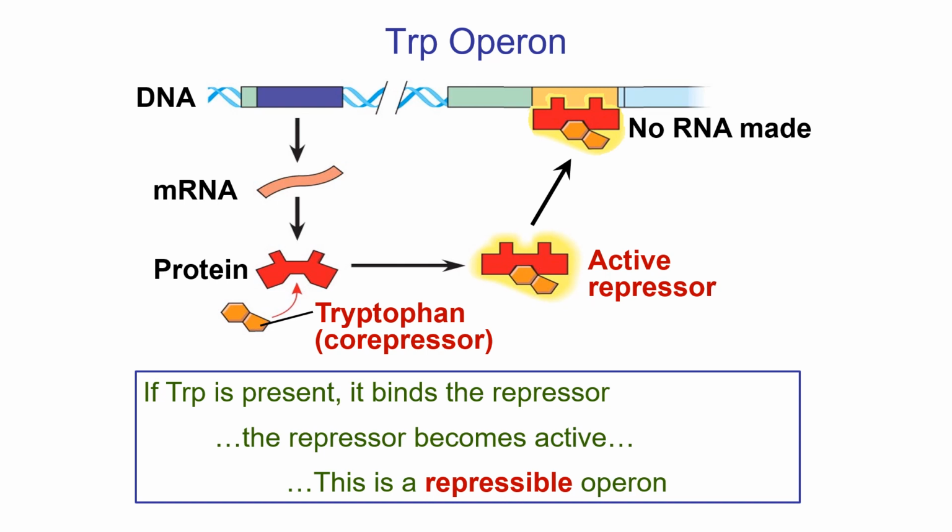The reason for that is that RNA polymerase is physically blocked. RNA polymerase cannot move to the right in this diagram because it's physically blocked by the binding of that repressor. So we have successfully shut down this whole pathway right at the genetic level.